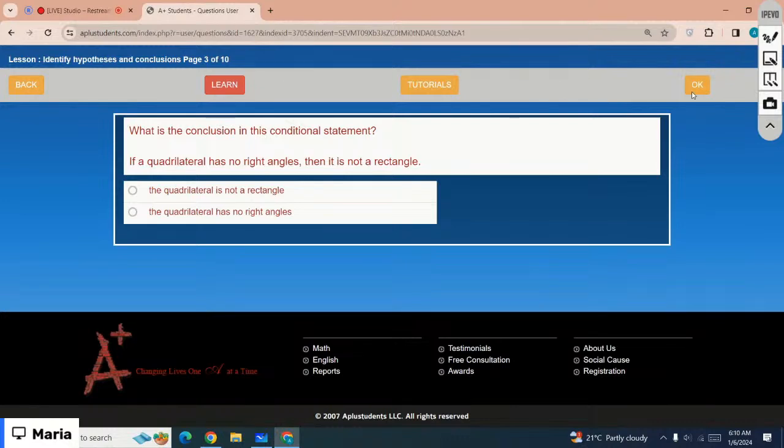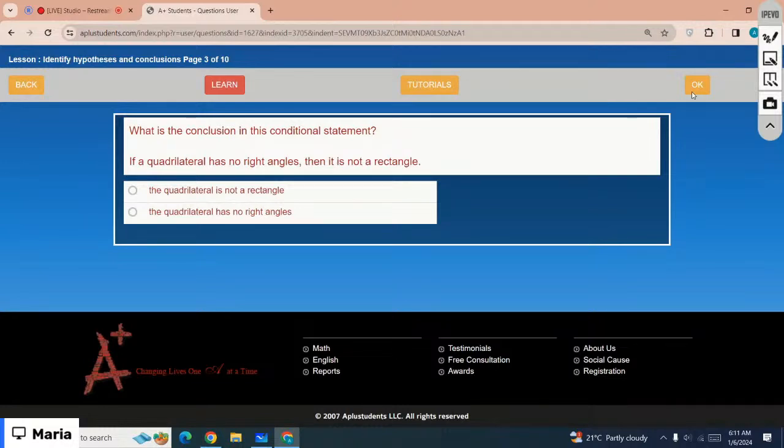The next one is what is the conclusion in this conditional statement? If a quadrilateral has no right angle, then this is not a rectangle.